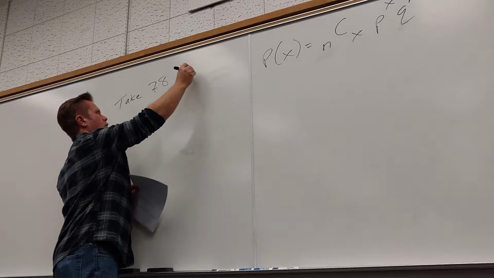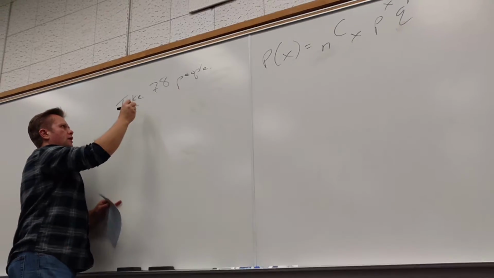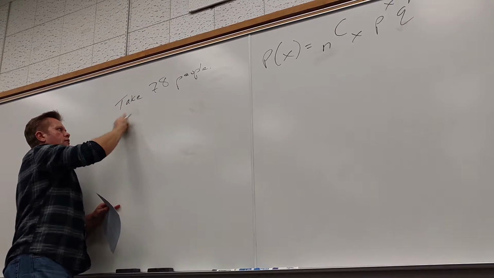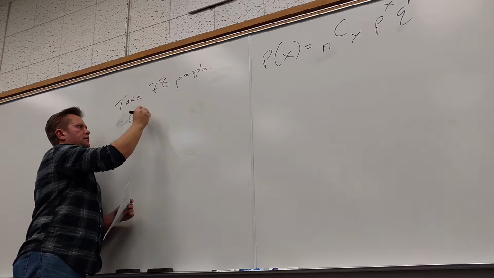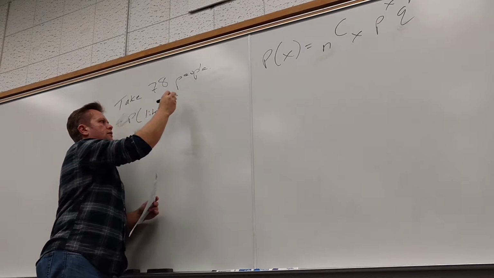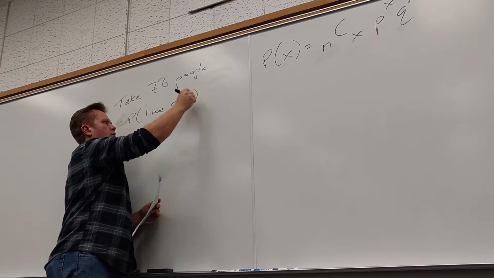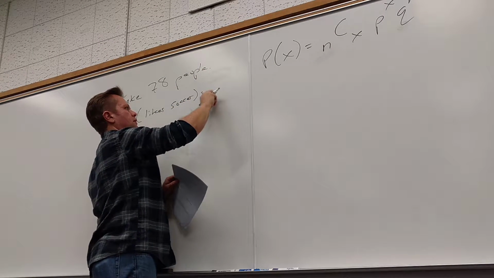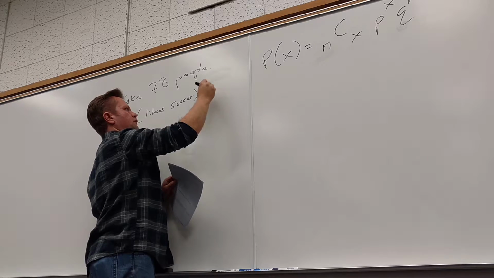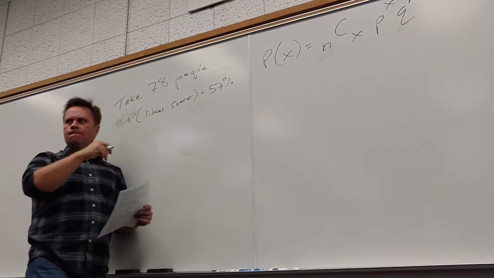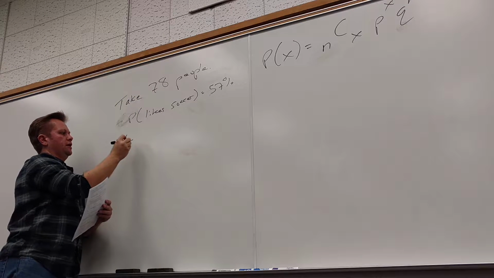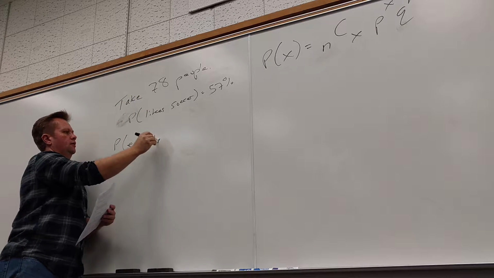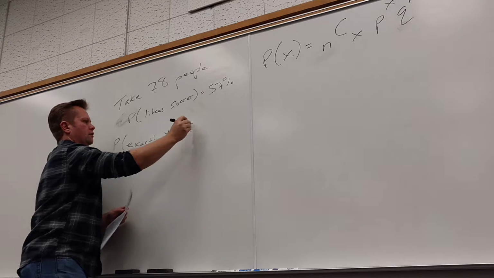Say it takes 78 people, and we know the probability that somebody likes soccer is, let's say, what do you got, Jeff? 57%. And I want to know what's the probability that out of those 78 people, exactly 42 of them like soccer.